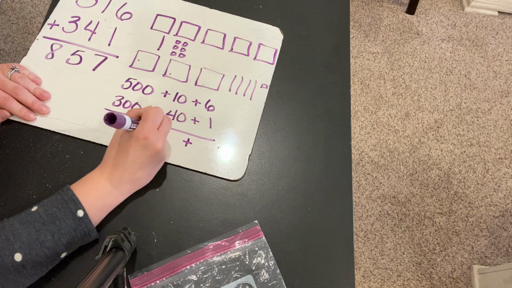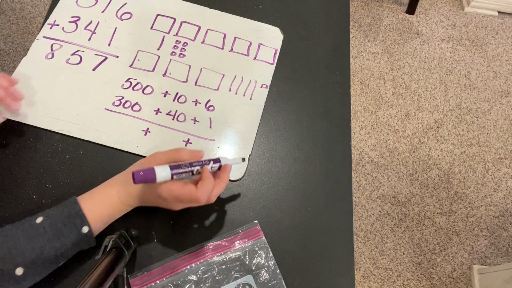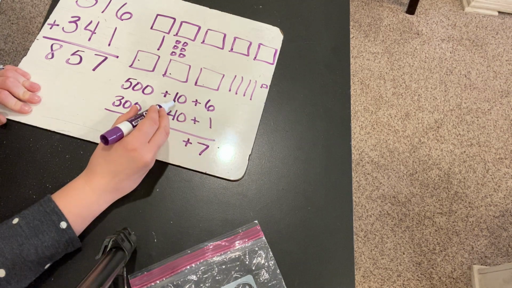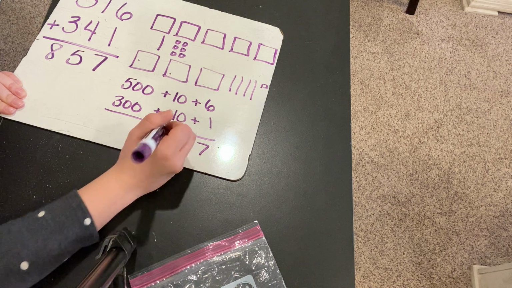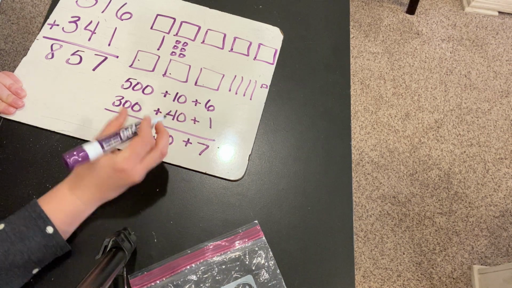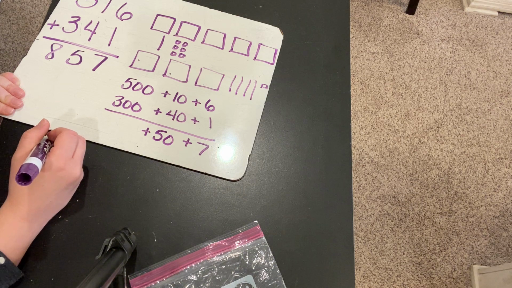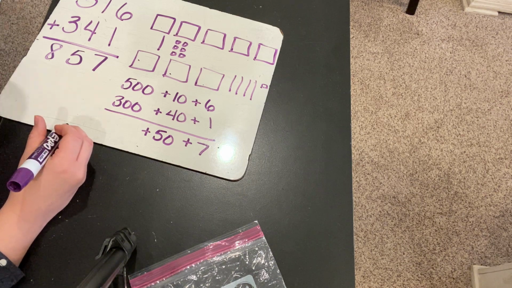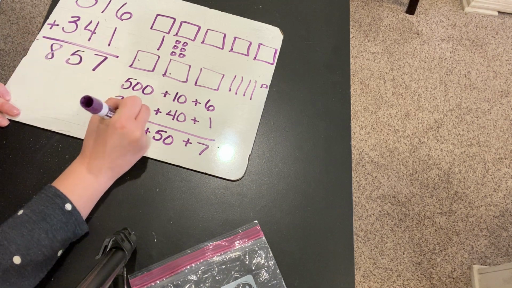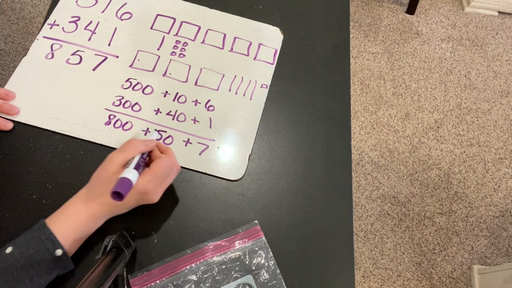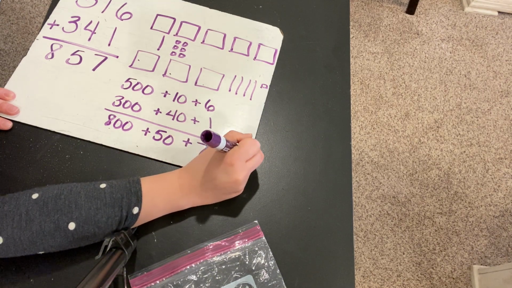Make sure we put our plus signs here still because we'll have to add them again. 6 plus 1 equals 7. And then 10 plus 40, or switch it, 40 plus 10. That's 50. And then 500 plus 300. Let's see, 500, 600, 700, 800. So it's 800. And then add. 800 plus 50 plus 7 equals 857.